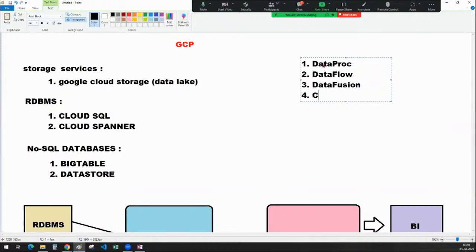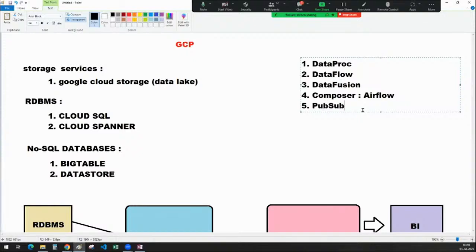One more is Cloud Composer, nothing but an Airflow environment, a managed Airflow instance, guys, for creating DAGs. It is a workflow orchestration tool where you create DAGs with the help of Python coding, guys. Very important tool. Okay, you're going to look at Pub/Sub.